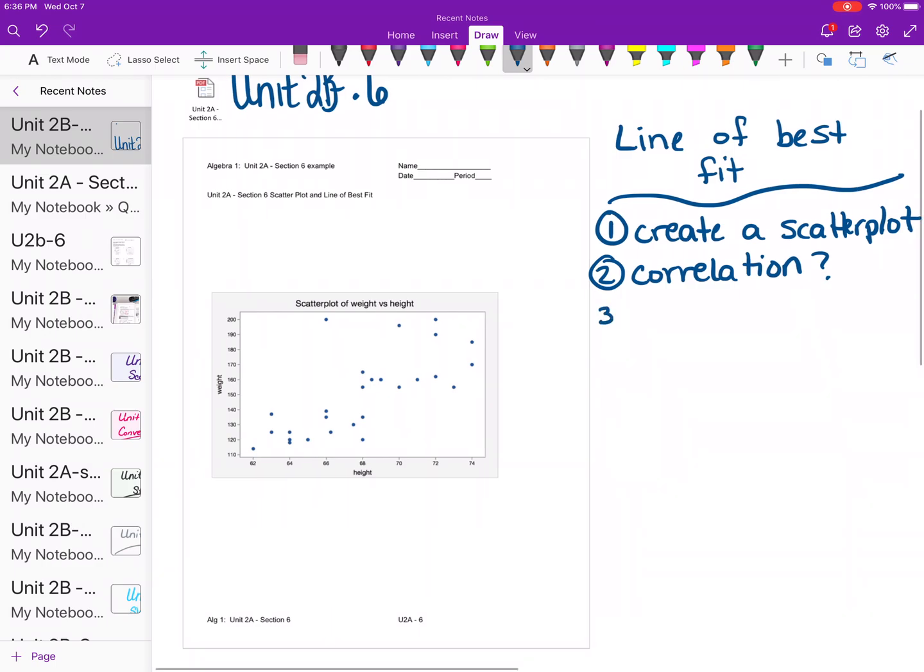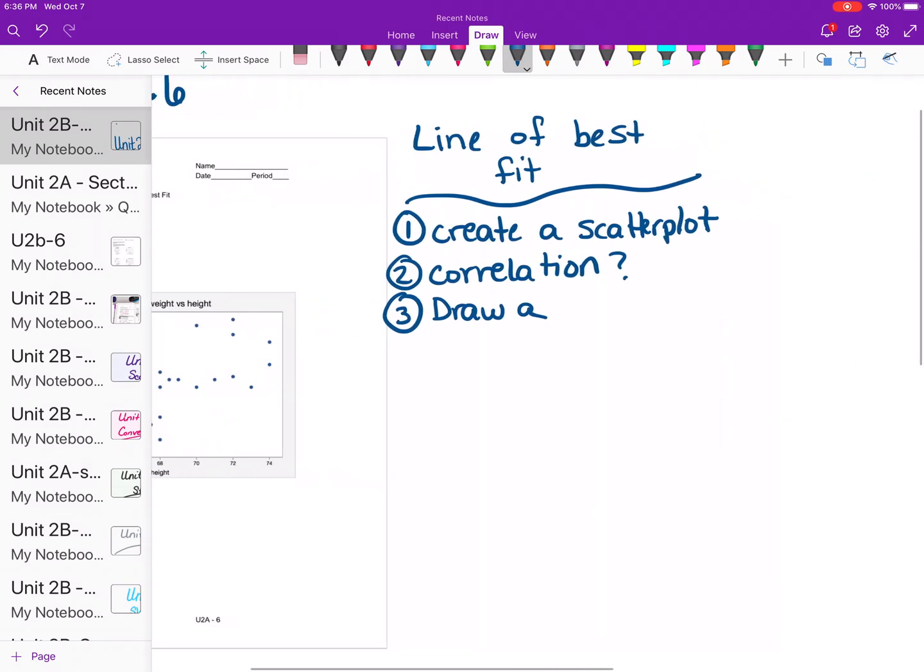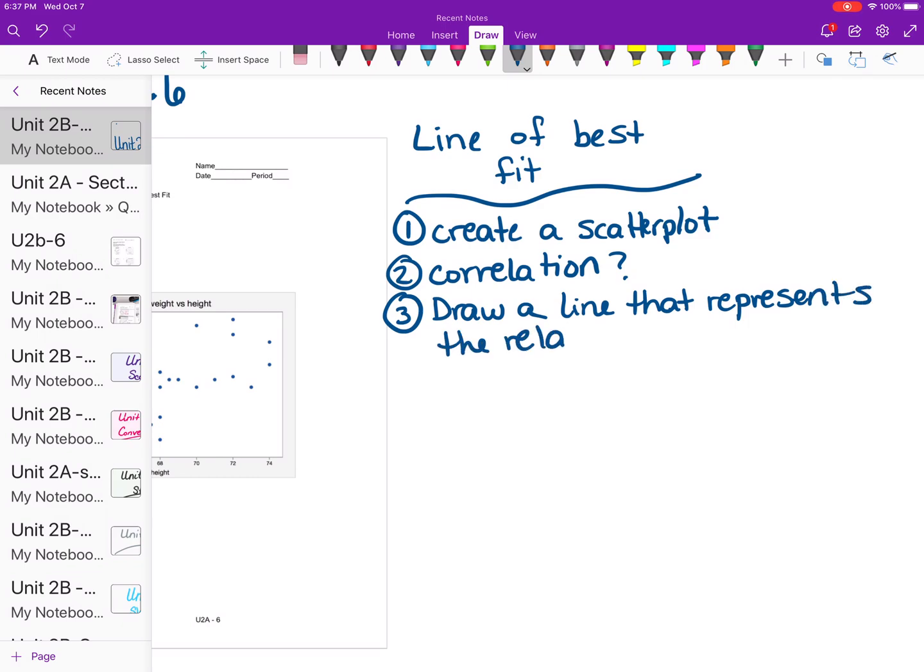Now here's the part that people mess up sometimes. You're going to draw a line that represents the relationship through the middle of the points.